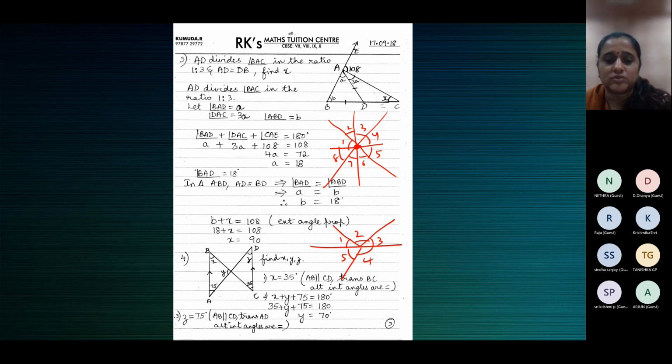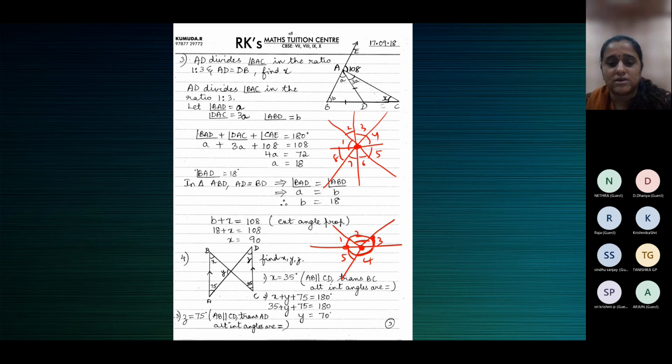So here 5 angles are formed around this point. See here 1, it continues 2, then again 3. There's no break. Then it continues like this 4, and then you come back to the starting point 5. So you can start from anywhere. You can even start from here, 3.